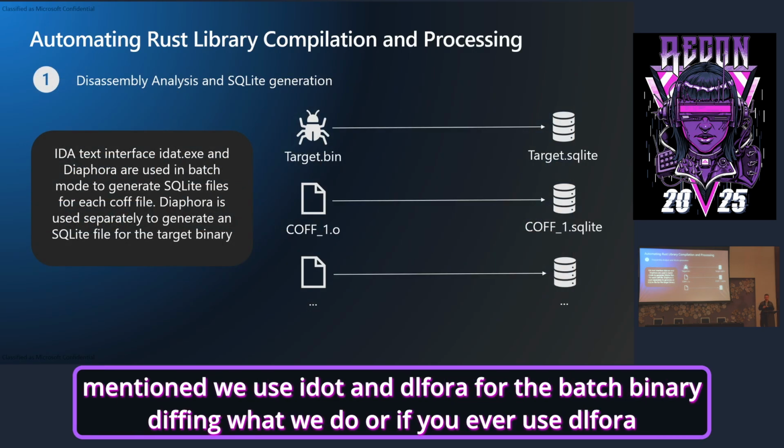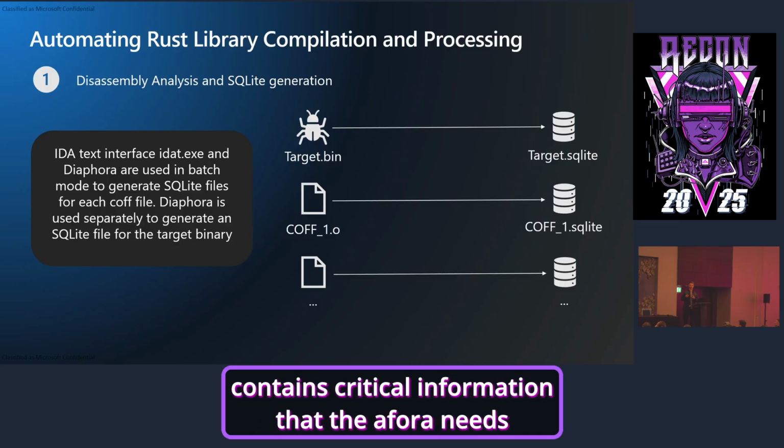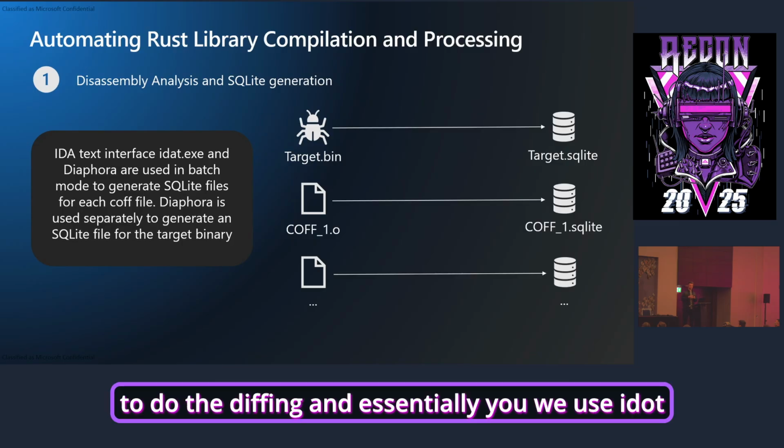As I've mentioned, we use idat and Diaphora for the batch binary diffing. If you've ever used Diaphora, you run it on an IDB file, and it generates an SQLite file. This SQLite file contains critical information that Diaphora needs to do the diffing.